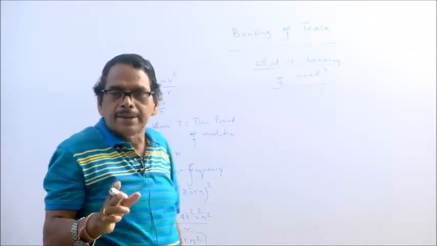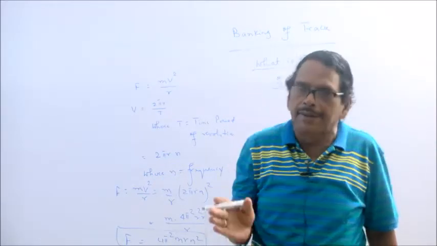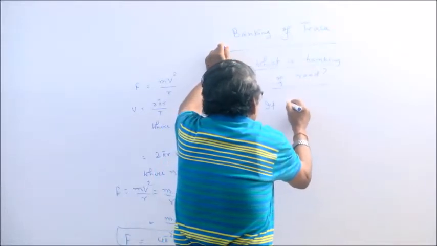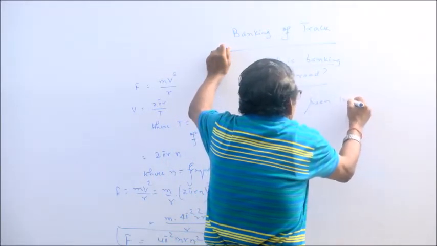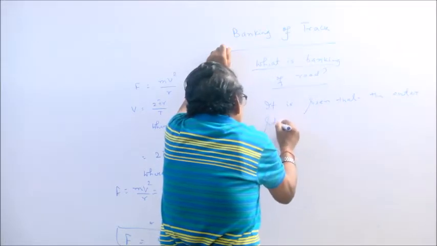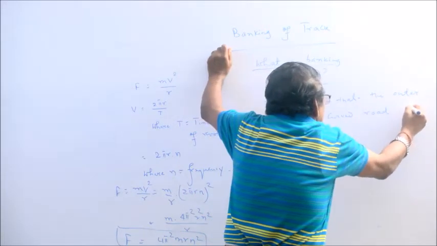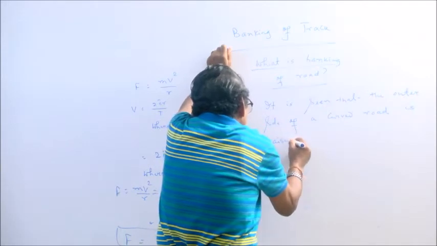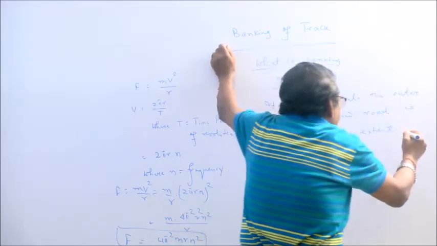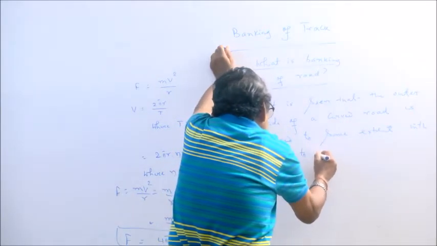It is seen that the outer side of a car road is raised to some extent with respect to the inner side, that the car road is sloped toward the center.